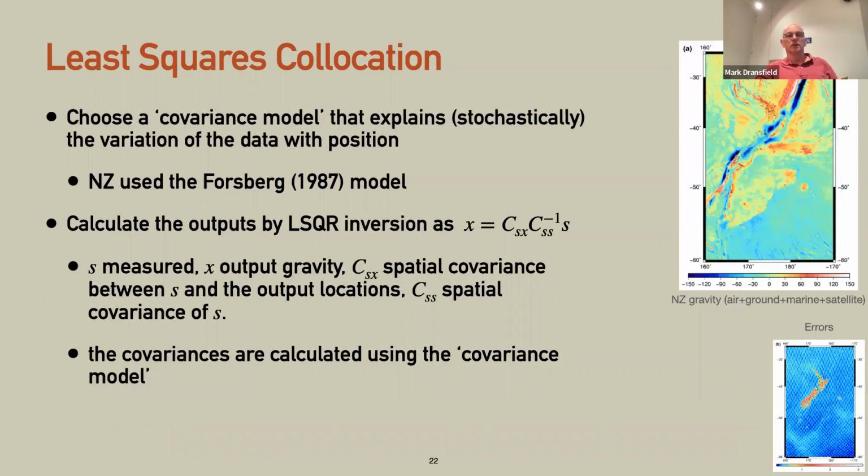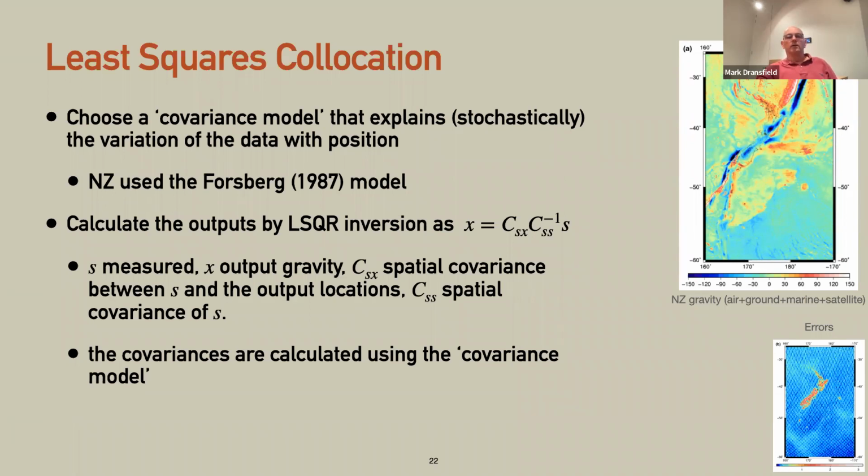The process is you choose a covariance model that explains in a stochastic sense the variation of the data with position. Generally speaking, what people use is the model published by René Forsberg in 1987 for gravity and gravity gradiometry.